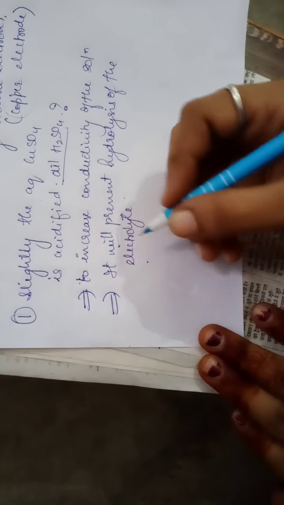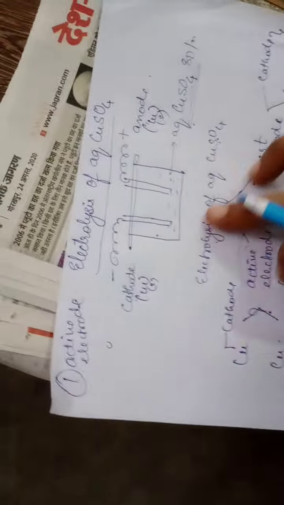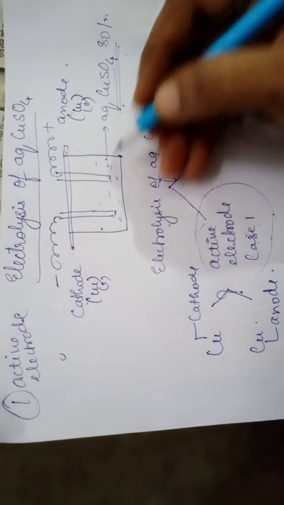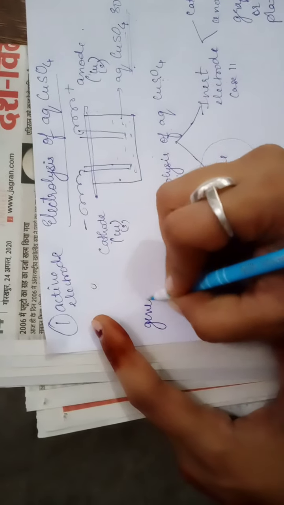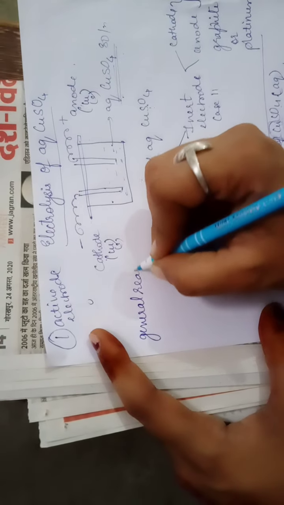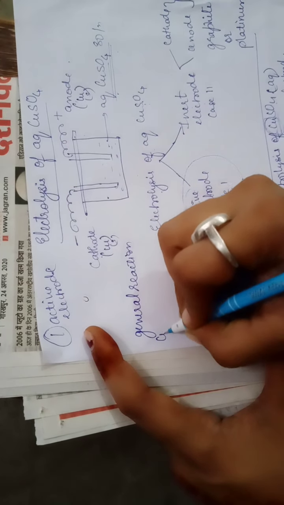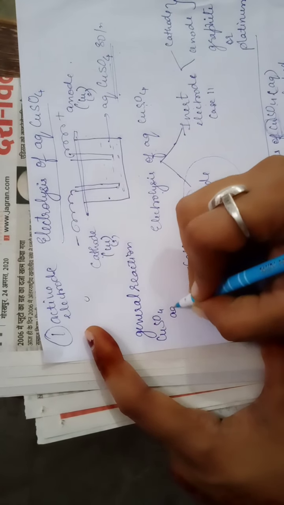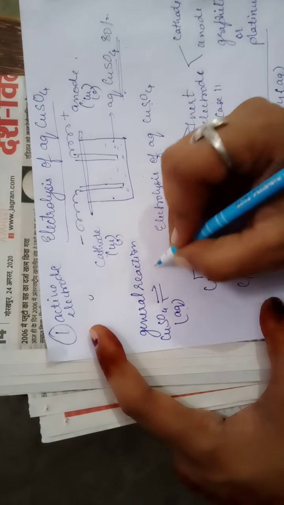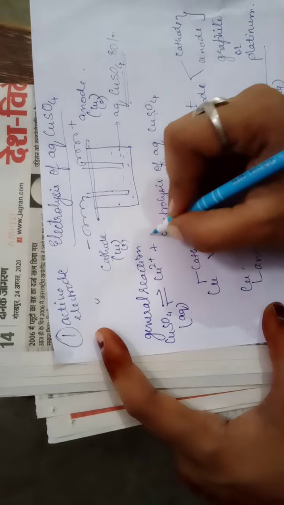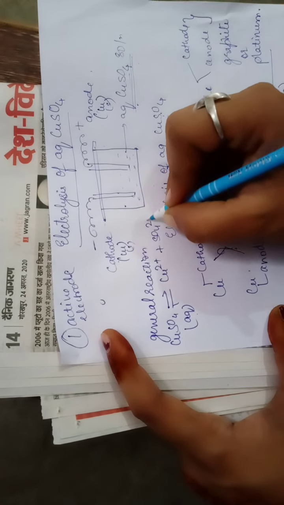Now in this diagram, what you observe, we have copper sulfate solution, yes or no? So what is the general reaction? Generally, how will it dissociate? The general reaction is that copper sulfate aqueous solution, aqueous means I have dissolved it in water, will dissociate into Cu2+ and SO4 2- ions.